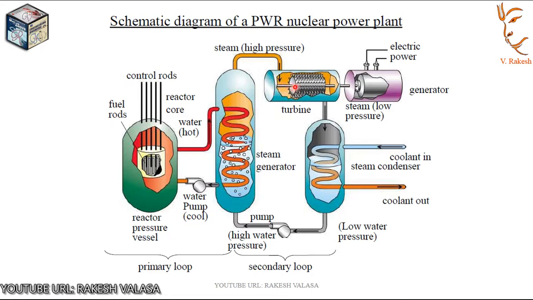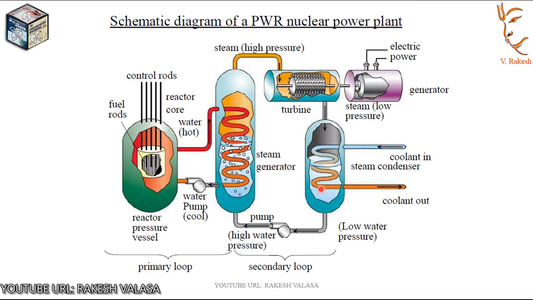This turbine is coupled with the generator. Here kinetic energy, that is rotational energy, is converted into electrical energy. Then cool water flows through the tubes in the condenser. This condenser removes excess heat from the steam, which allows it to condense.